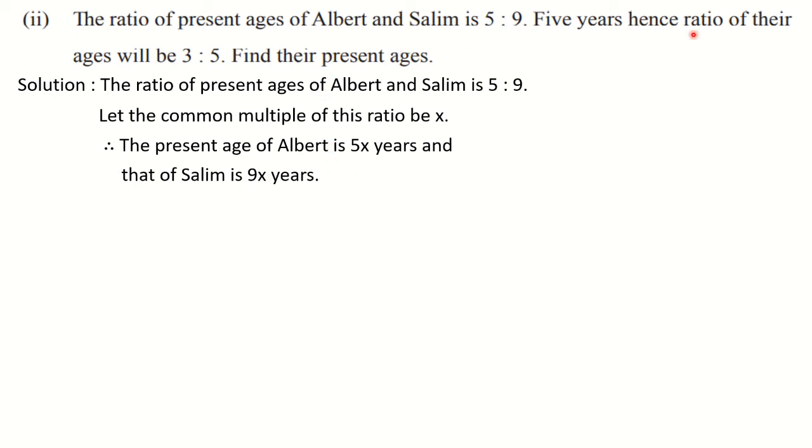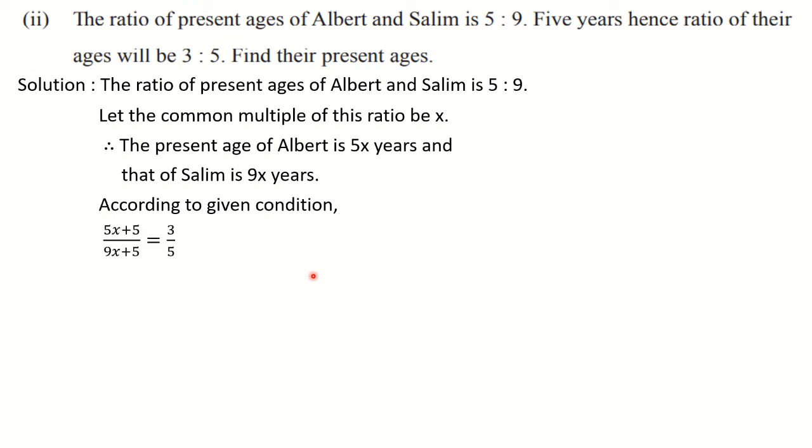Now we have to make use of the given condition. 5 years hence means what? After 5 years, the ratio of their ages will be 3:5. That means here in present ages we have to add 5 and we will write down the new ratio. So write down according to the given condition.